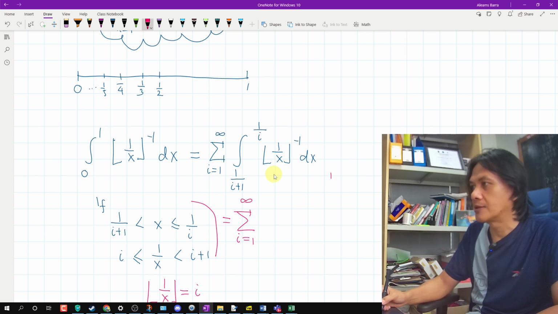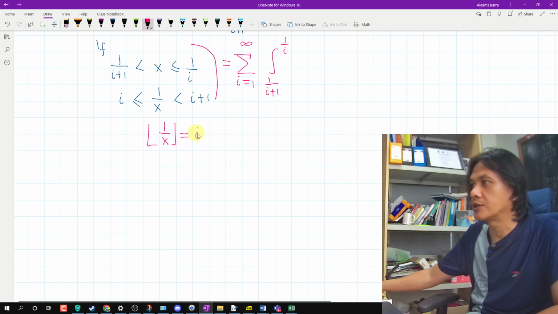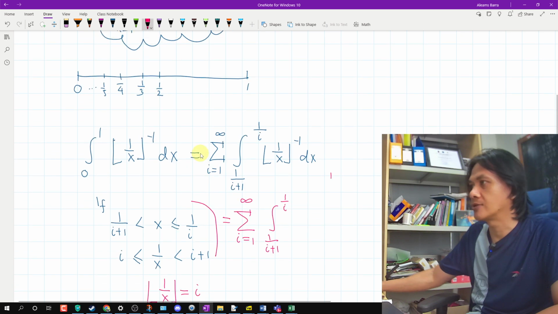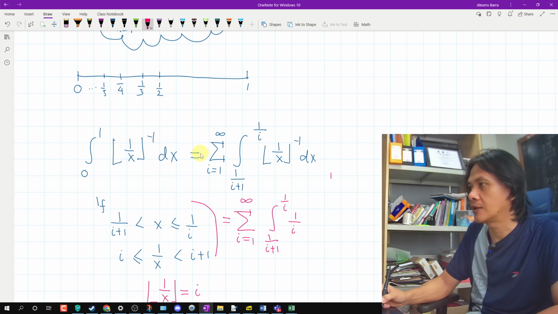Okay, in this interval, this expression will turn into 1 over i, right? Because the floor of 1 over x is equal to i. So this is 1 over i. Okay, let me put this dx.